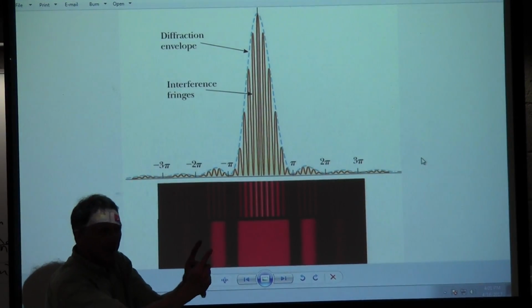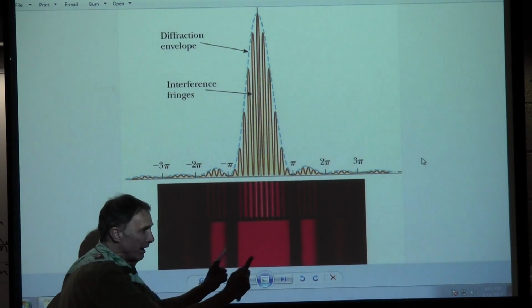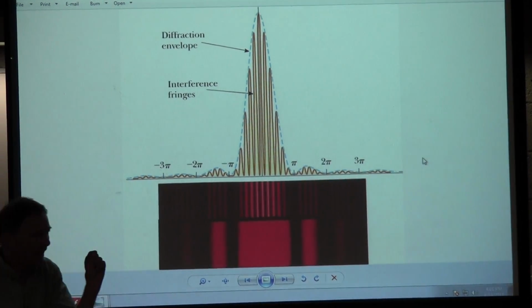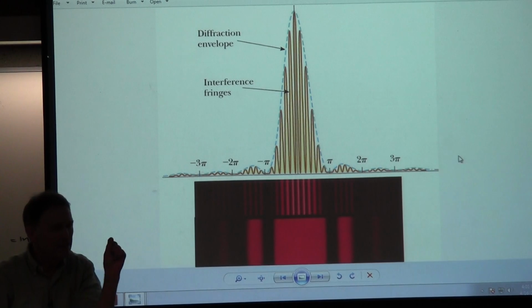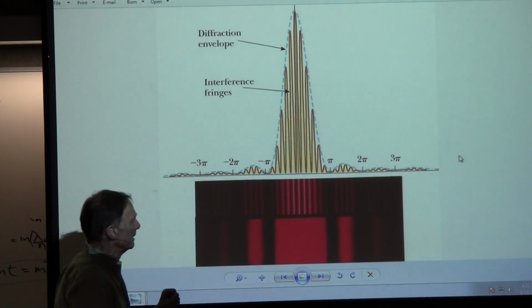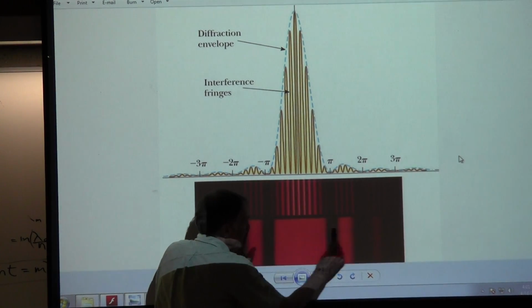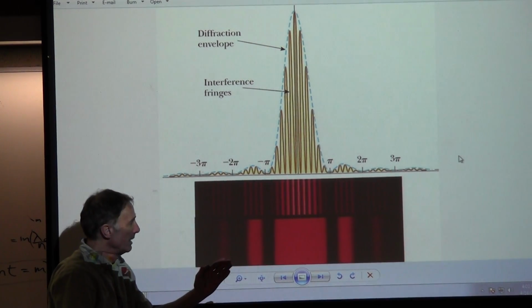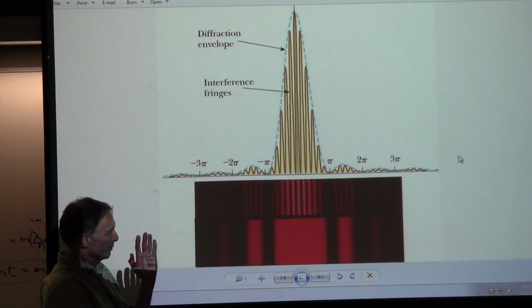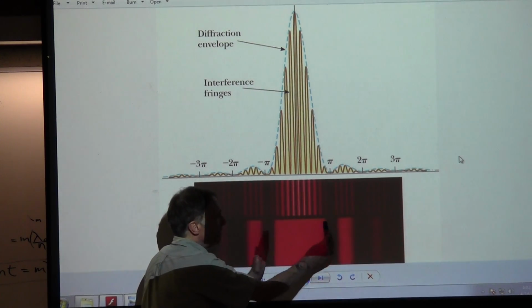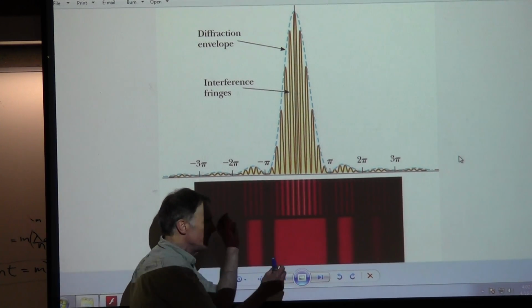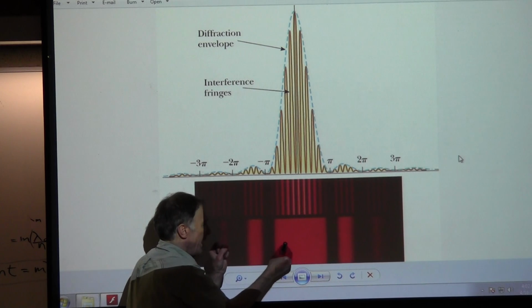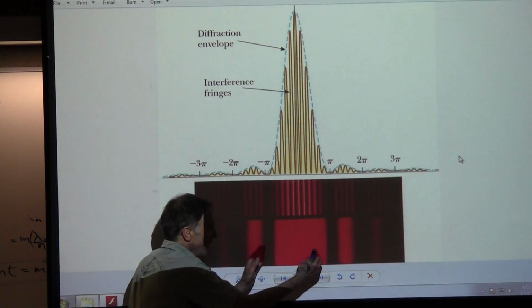You can see that they're fairly good size compared to the size of these slits, and the distance between them is really tiny. We're going to get a pattern looking like this if I covered up one of the slits. If I covered up the other slit, I'm going to get a pattern that looks like this, only it's going to be shifted by less than a hair over this way.